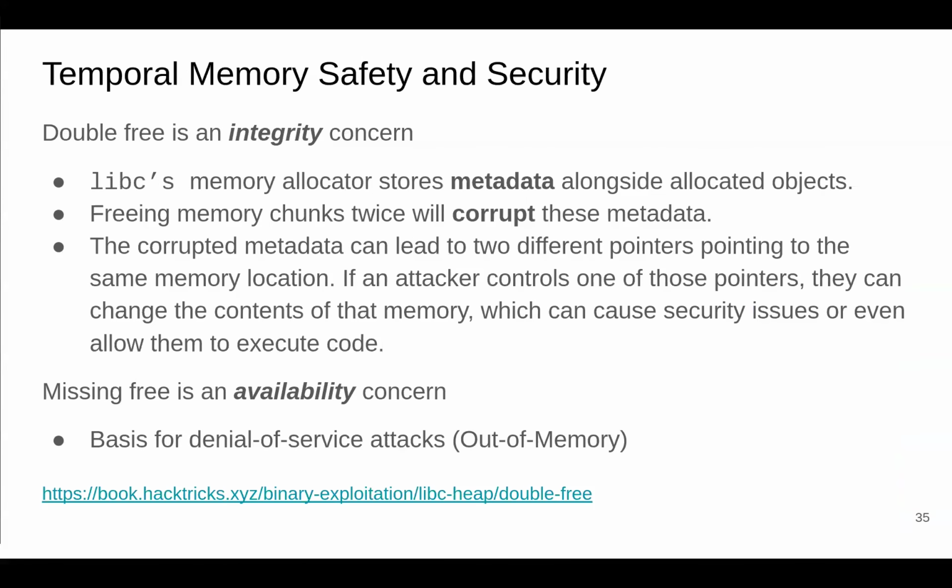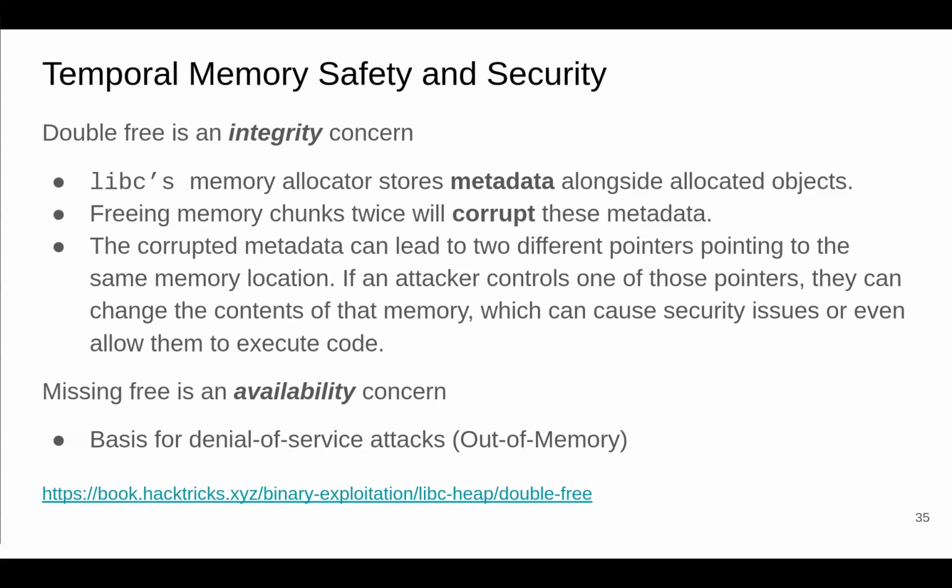Now, if you look at temporal memory safety and security, a double free is an issue of integrity. As the libc memory allocator stores a lot of metadata next to the allocated objects, freeing memory chunks twice will overwrite that secret information. Just as a note, if you allocate an array, like malloc 16, the memory allocator writes some additional metadata on the side right before it to keep track of it.